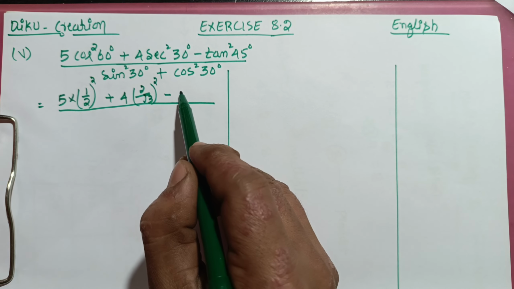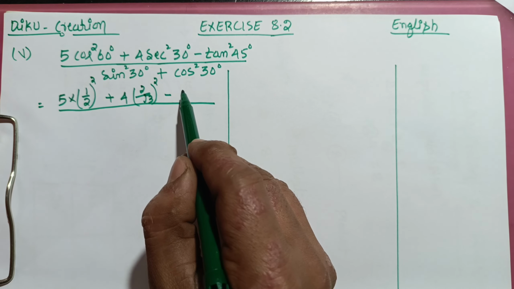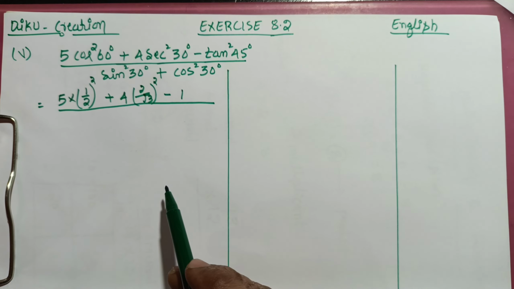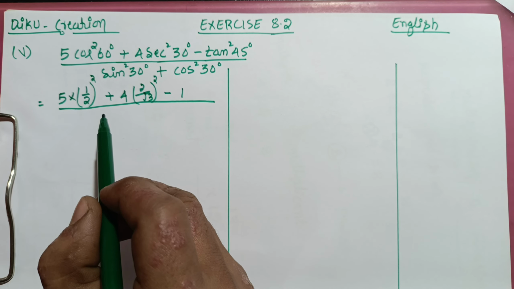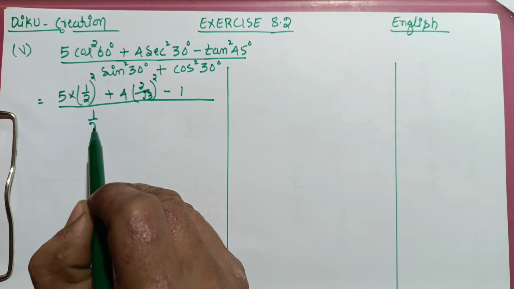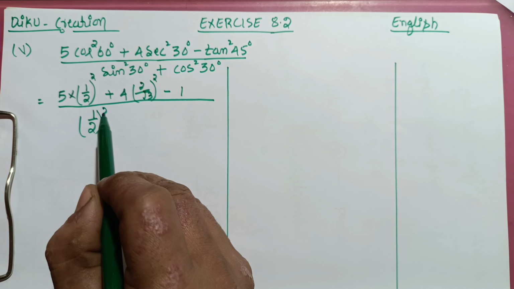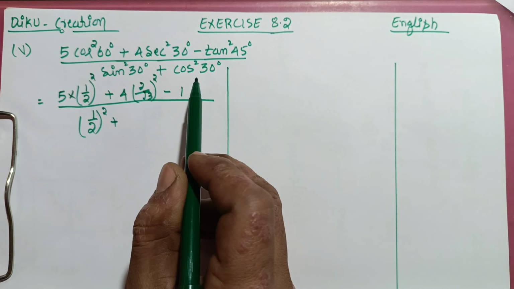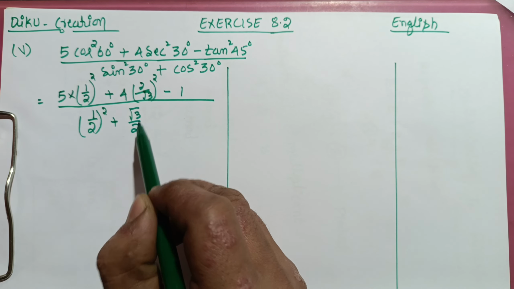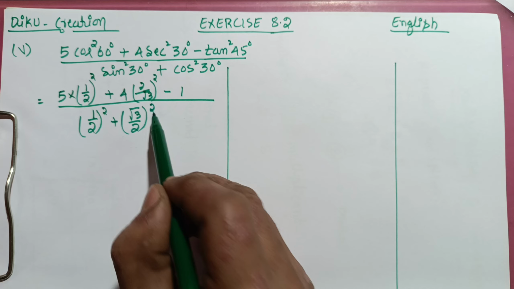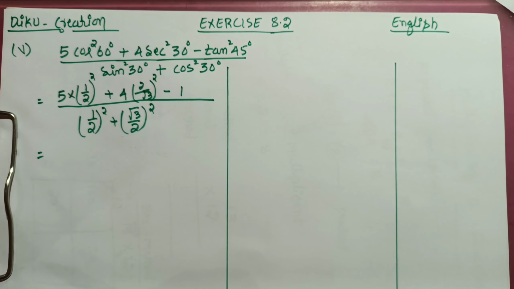Minus tan 45 degree value is 1, therefore 1 square is going to be 1 only, divided by sin 30 degree. Sin 30 degree value is 1 by 2, that is square, plus cos 30 degree value is root 3 by 2, whole square. I substituted all the values in the first step.